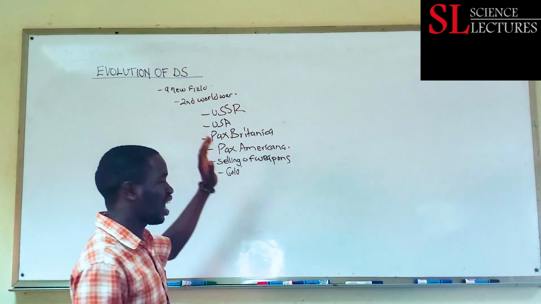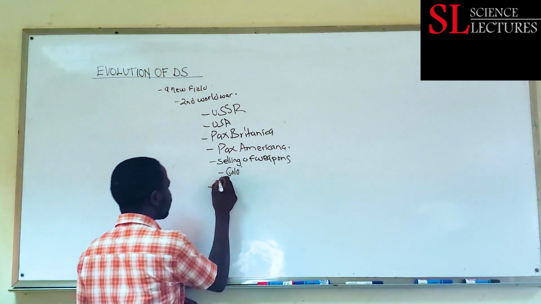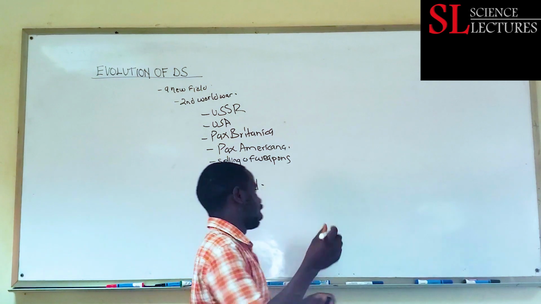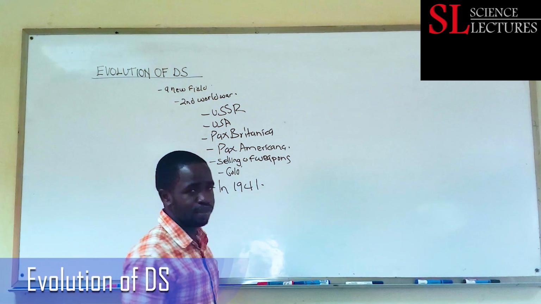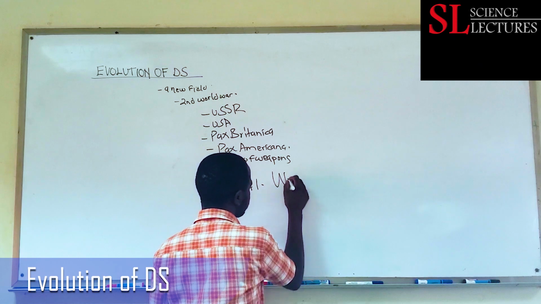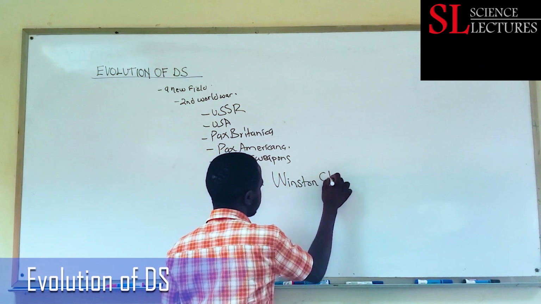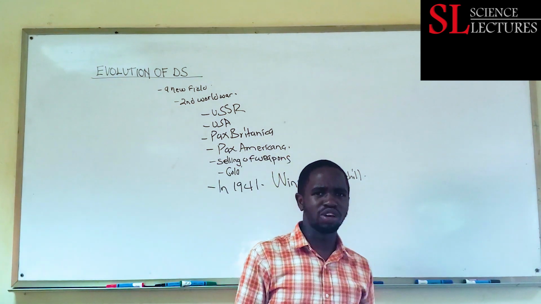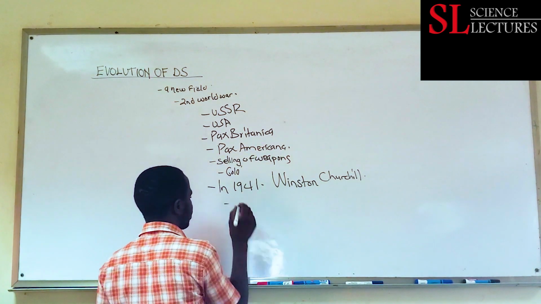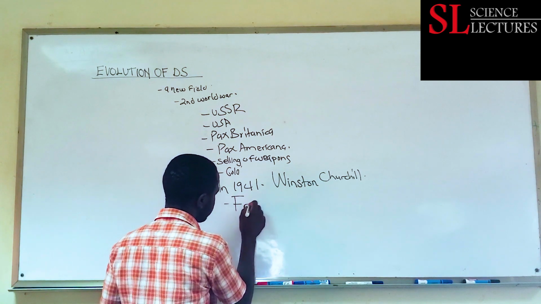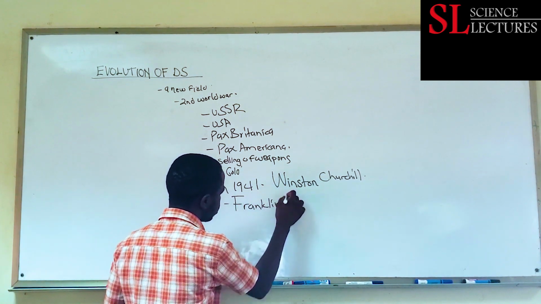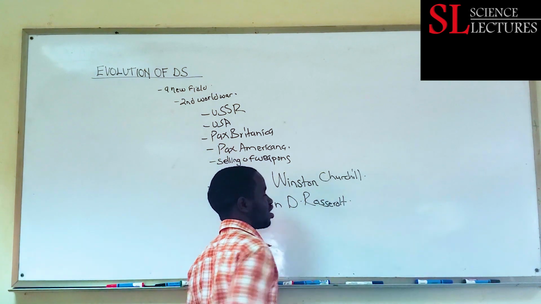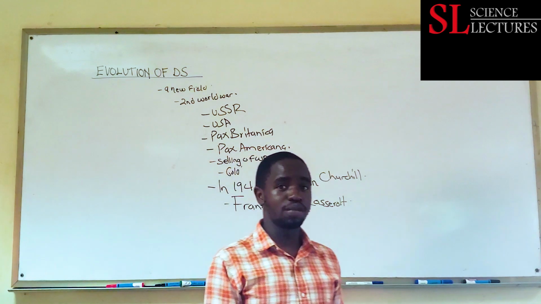However, very important to note, in 1941, there was a meeting between the wartime Prime Minister of England, Winston Churchill, who famously named Uganda the Pearl of Africa, and the American President Franklin D. Roosevelt, who was at the time in his fourth term as the American president.